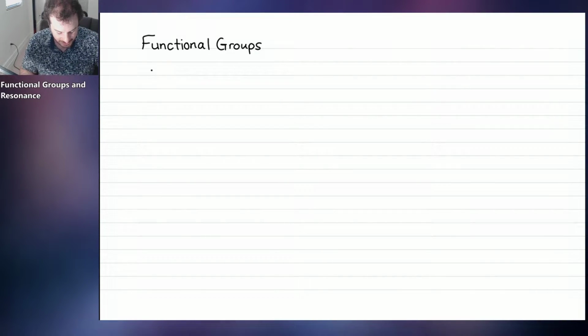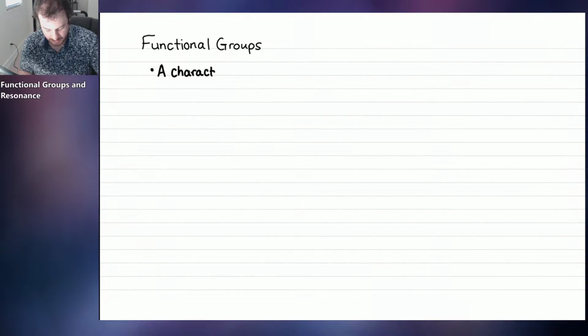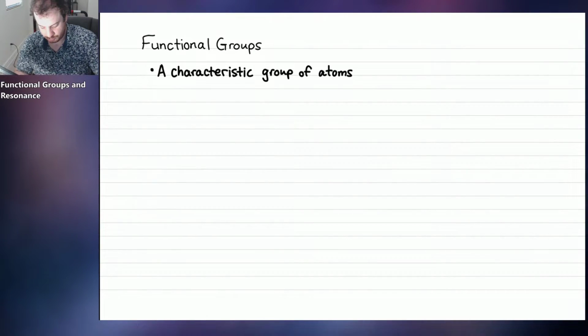So let's give a definition for functional groups. A functional group is a characteristic group of atoms or bonds with a predictable behavior.